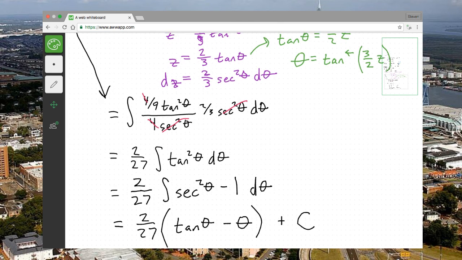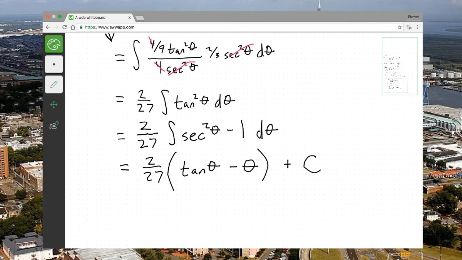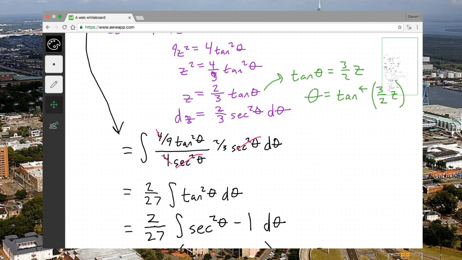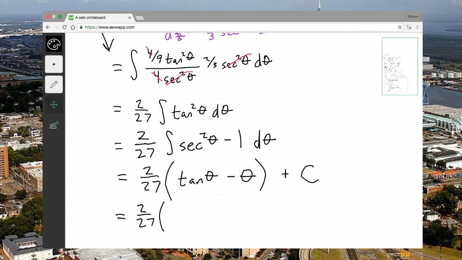Theta will get replaced with the inverse of tangent. So my final answer: tangent gets replaced with 3/2 z. Theta gets replaced with the inverse tangent of 3/2 z.